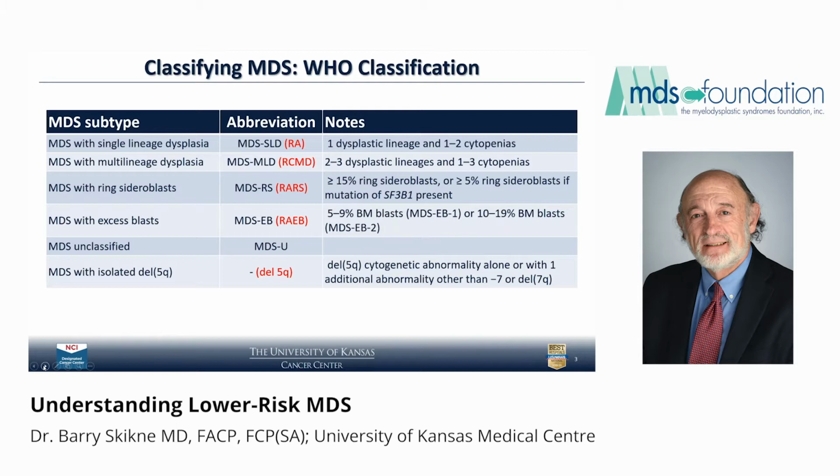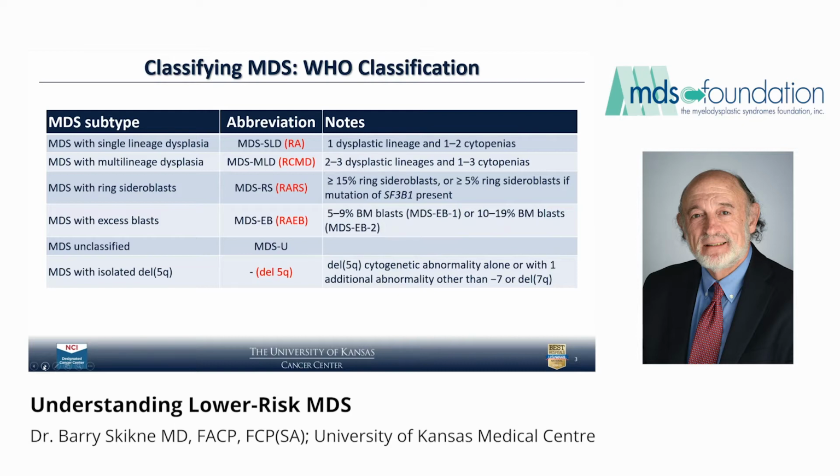The first one is MDS with single lineage dysplasia, MDS-SLD, where there's one dysplastic lineage. What that means is when the pathologist looks at bone marrow slides, he only sees one cell line in the marrow that's dysplastic. And these patients may have 1 to 2 cytopenias on their blood counts.